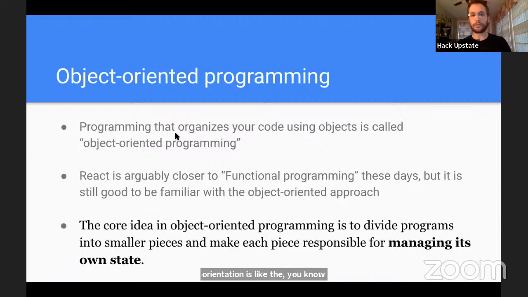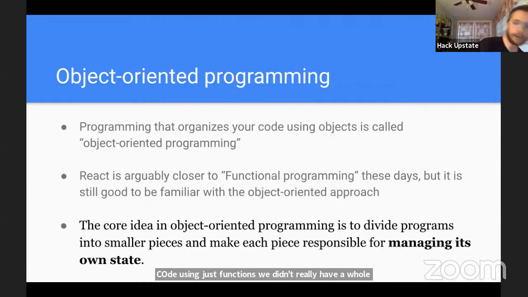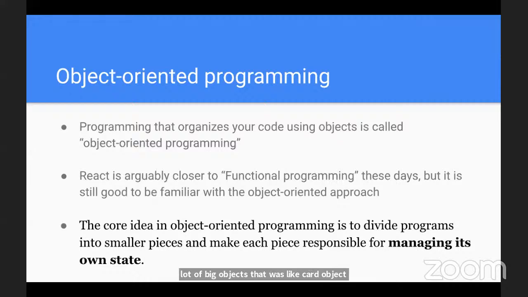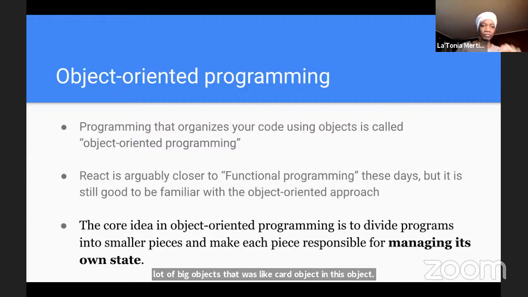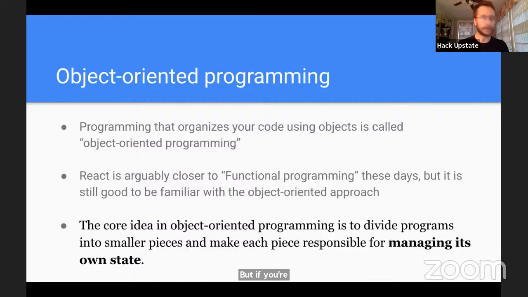Anyway, it's programming that organizes your code using objects. In our card trick, we organized the code using just functions. We didn't have a whole lot of big objects, like a card object and this object. But if you're organizing your program around objects, it's called object-oriented programming. Now, the thing about objects is that they have both data and behavior.